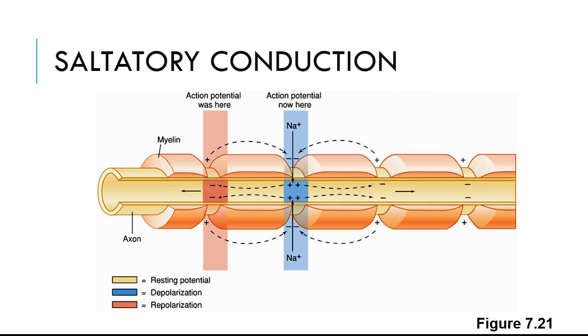Figure 7.21 in your textbook tries to illustrate this as well. It does a pretty good job showing the intracellular chain, and this one's going to the right of the image. This is called saltatory conduction.